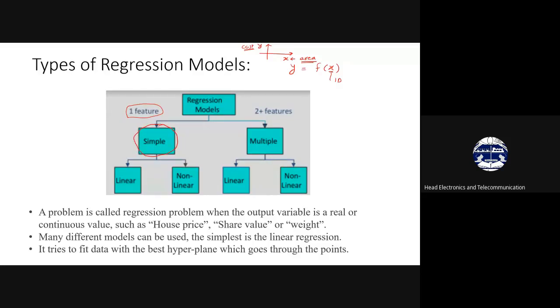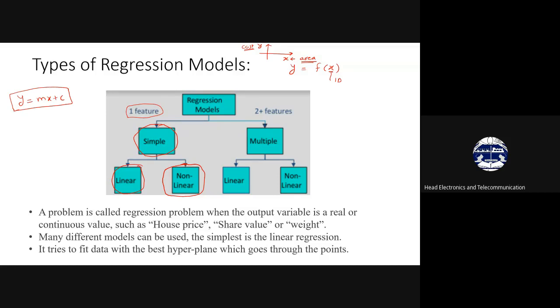And there are two types in the simple model. One is the linear relation. I assume that y and x are in a relation having a straight line kind of relation, a linear relation. There is another option, that the relation is non-linear. If the relation is linear, that means I can write y equal to mx plus c. If I am able to fit a straight line, then the relation between y and x is like this.